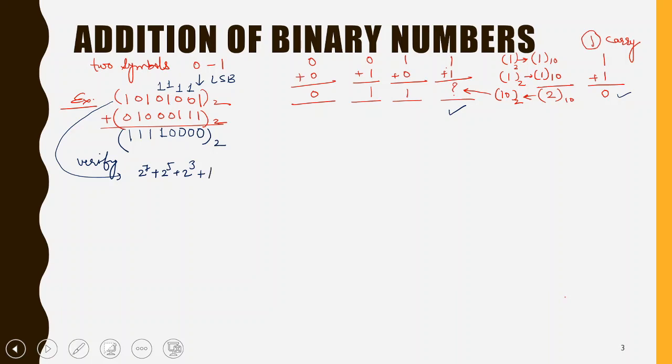And the next number is 2 raised to power 6 plus 2 raised to power 2 plus 2 plus 1. So this number goes as 128 plus 32 plus 8 plus 1, and this is 64 plus 4 plus 2 plus 1.